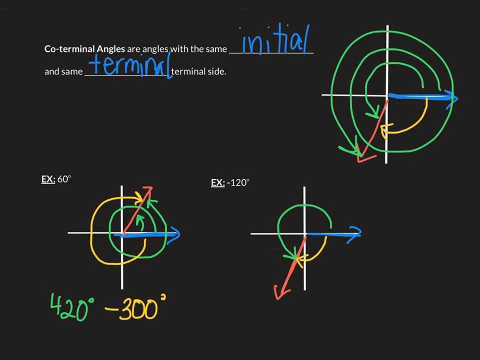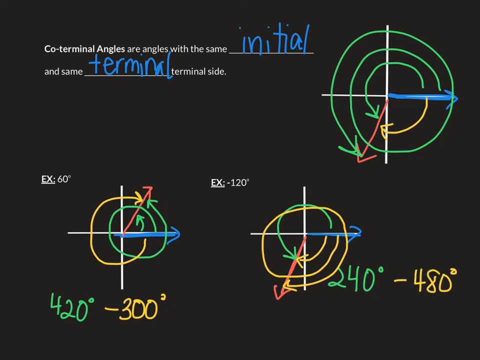So my positive coterminal angle is 240 degrees. What about a negative coterminal angle? Well, I've got to go around the circle more than once. So one time around and then back to the 120 gives me a negative coterminal angle of negative 480.